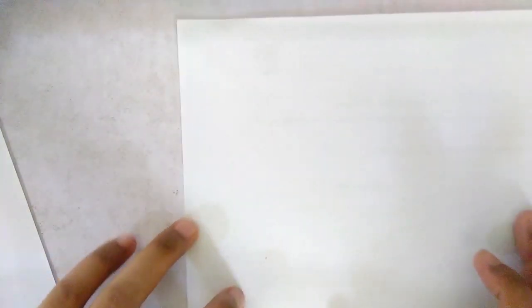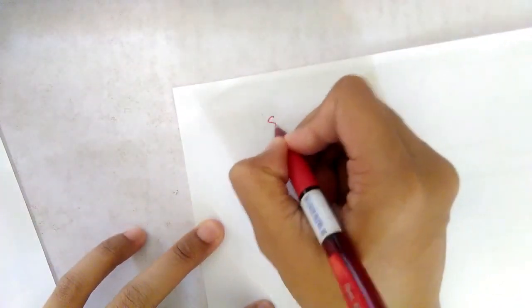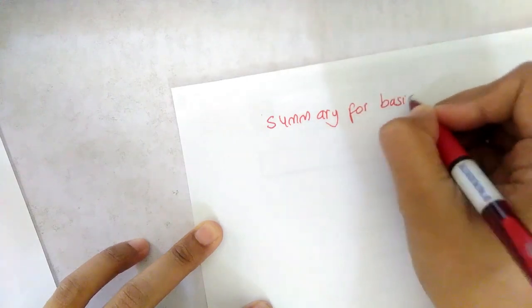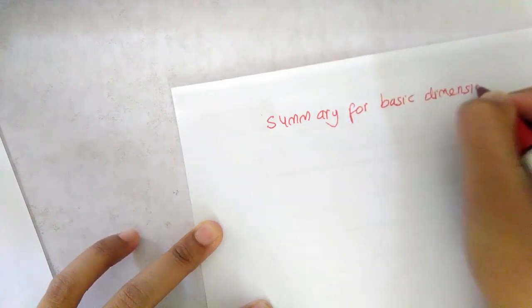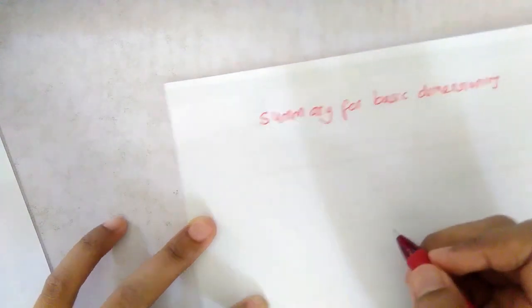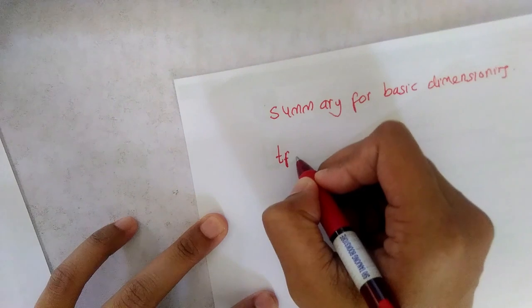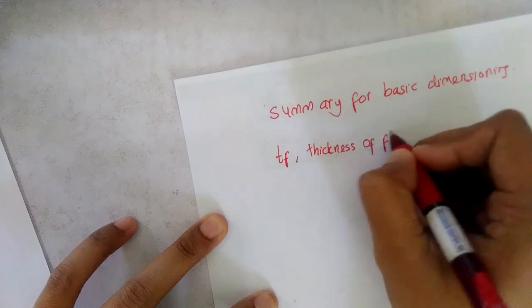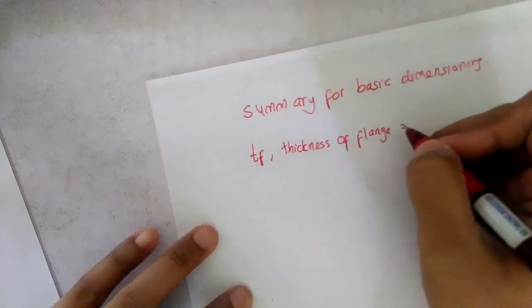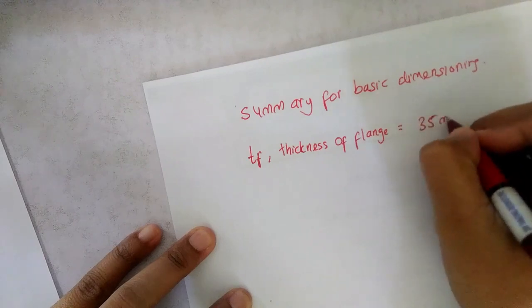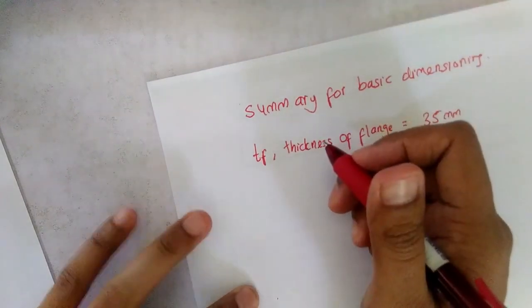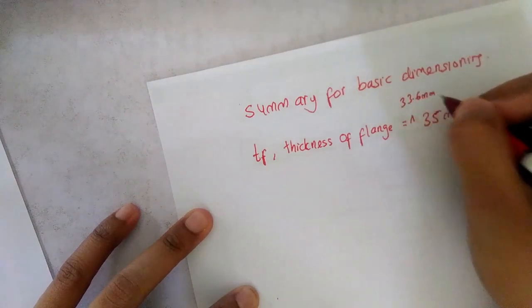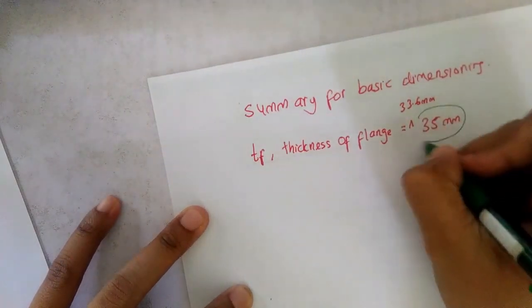To summarize the basic dimensioning: the thickness of flange is 35 mm, meaning you propose it to be 35 mm because initially it is 33.6 mm.